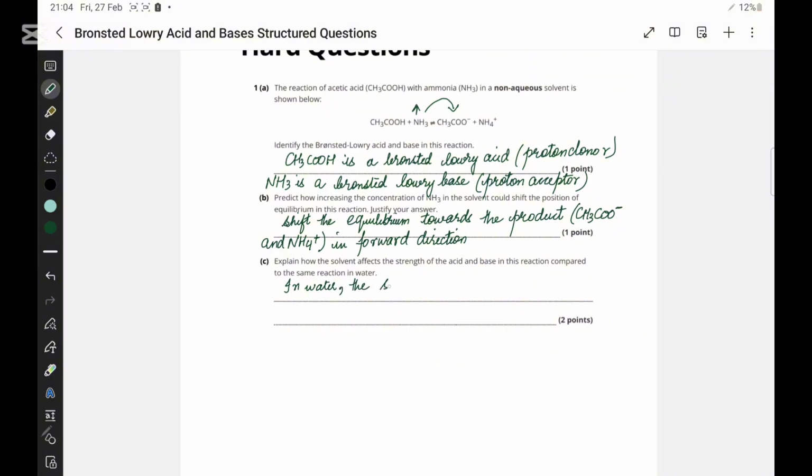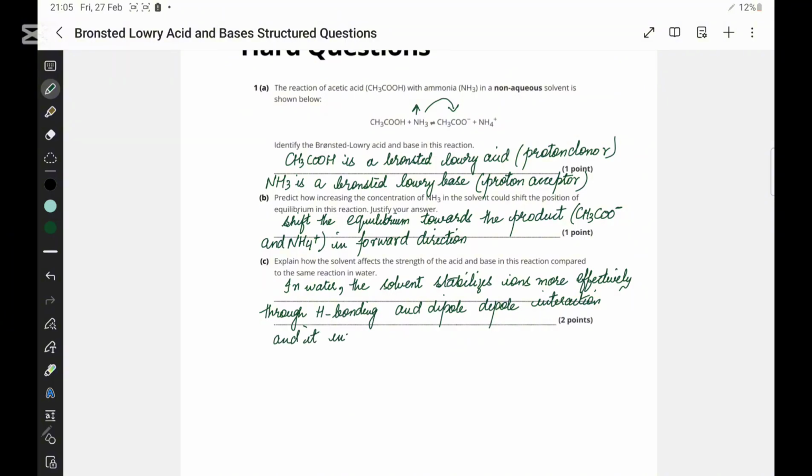The solvent stabilizes ions more effectively through hydrogen bonding and dipole-dipole interaction, and it increases the extent of proton transfer, and it increases the rate of proton transfer.